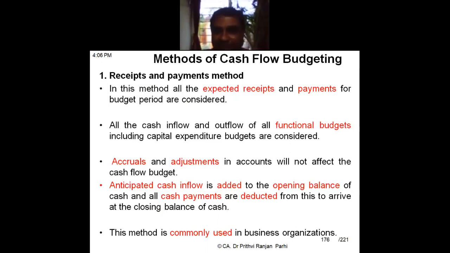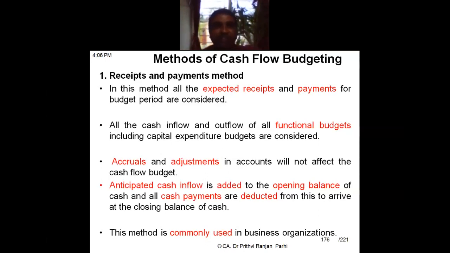Some of them might be credit sales, but the total sales minus credit sales, you'll be able to find out the cash sales. So cash inflows can be computed like this. Similarly, by using the purchase budget and various overhead budgets, we'll be able to know what is the inflow of cash, what is the outflow of cash, and we'll be able to prepare a cash flow budget for a specific period.